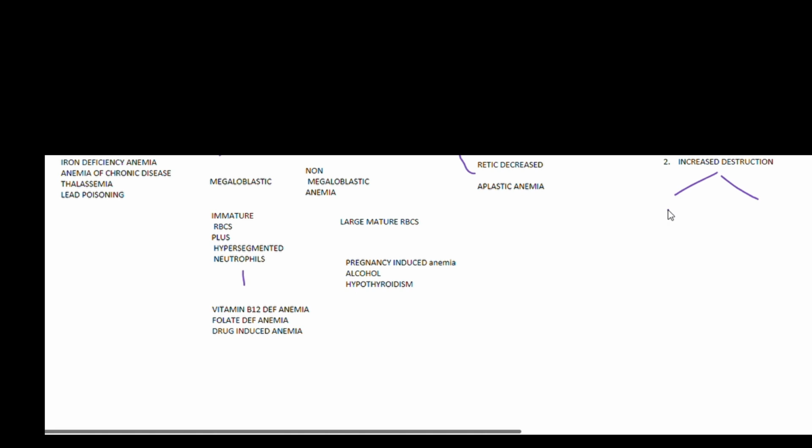So it includes intravascular hemolysis or extravascular hemolysis.